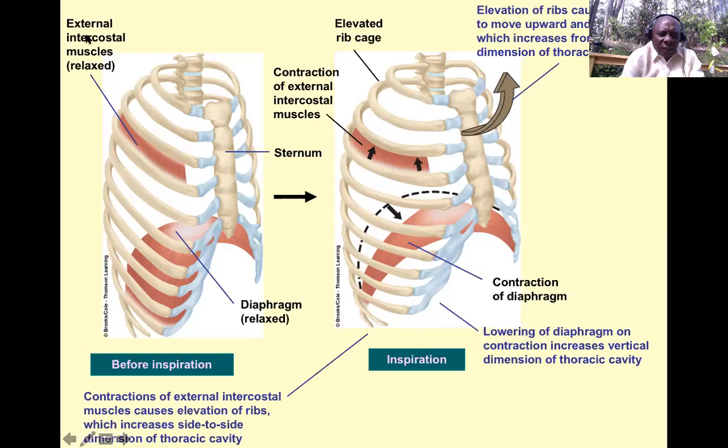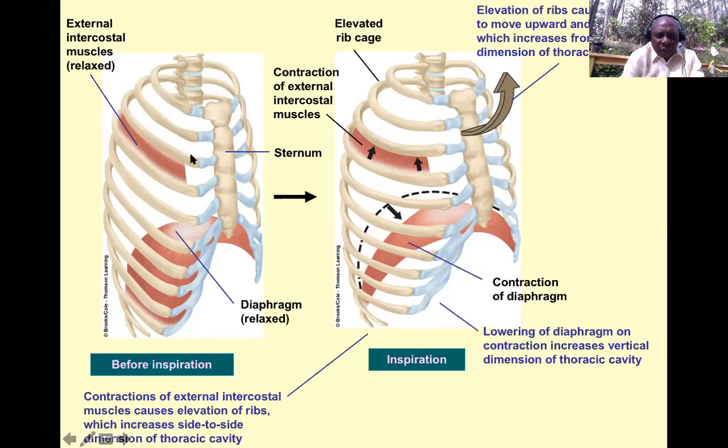Intercostal because they are between the ribs, and external because there is an internal. These are on the outside, and on the inside you have the internal intercostals that are involved in expiration. Just remember, external intercostal is involved in inspiration, and then you also have the diaphragm.